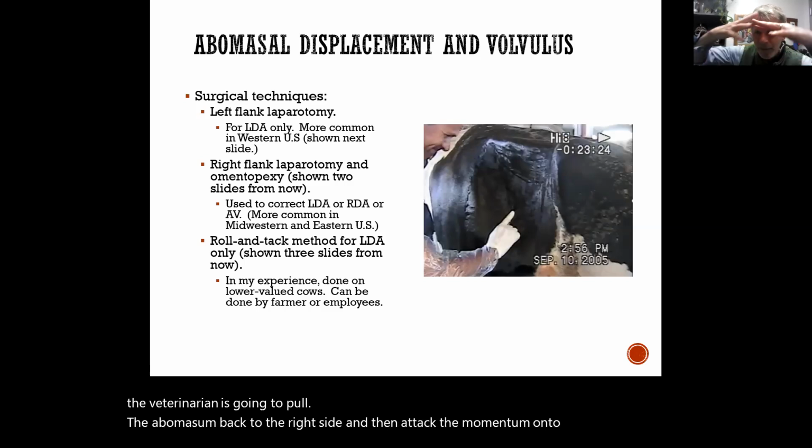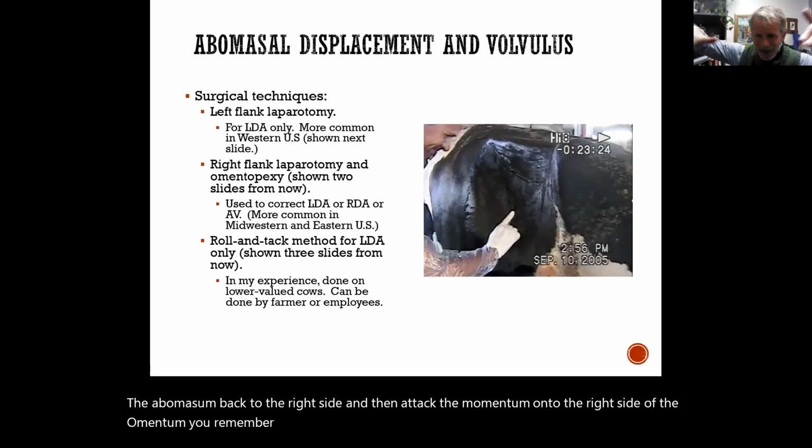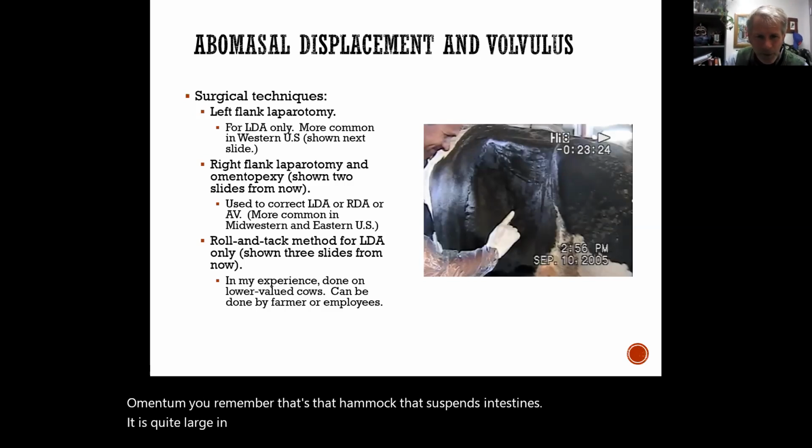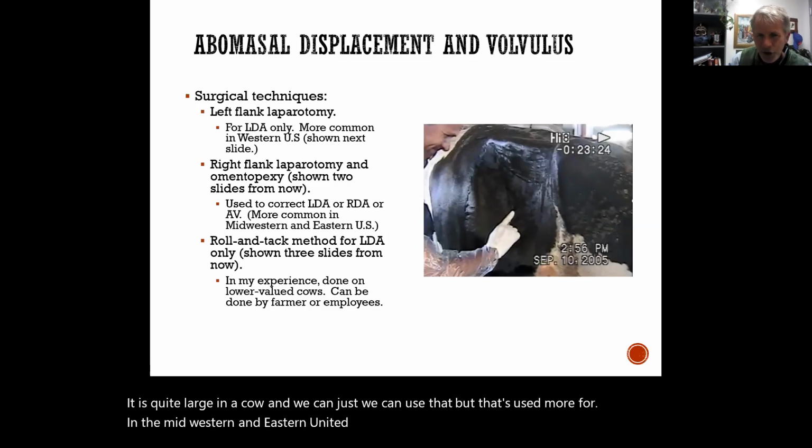The omentum, you remember, that's that hammock that suspends intestines, and it's quite large in a cow, and we can use that. But that's used more in the Midwestern and Eastern United States. They use that to correct a left displaced abomasum.